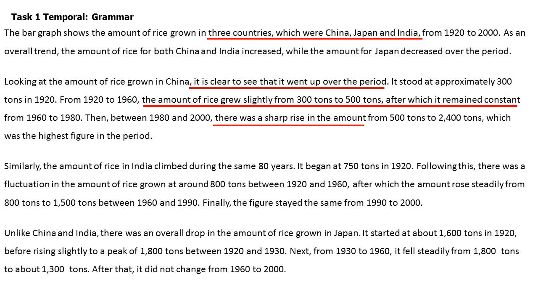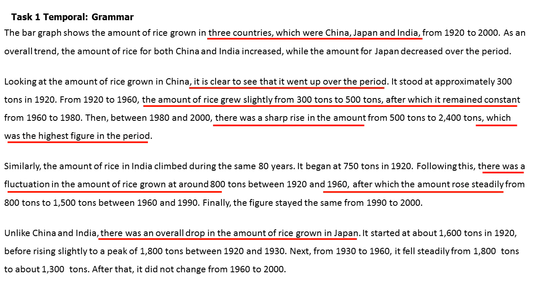We should also use a variety of sentence structures, such as there was, and again, our relative clauses. One last one to mention is the before -ing, which is also complex grammar.